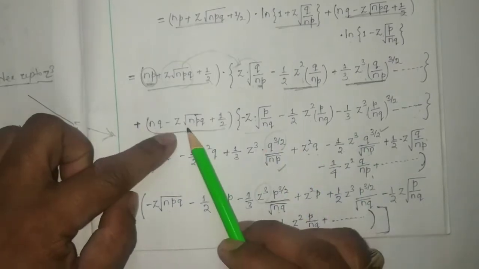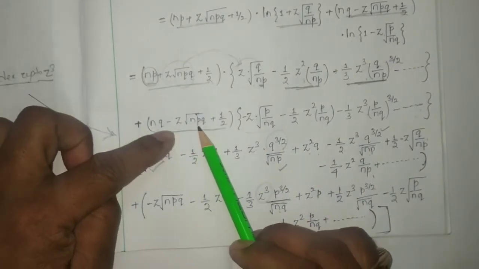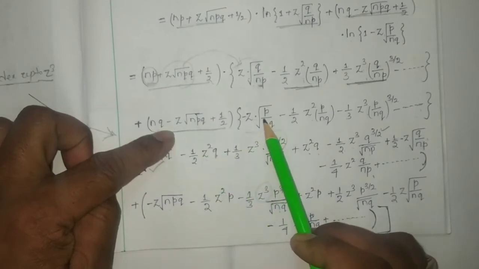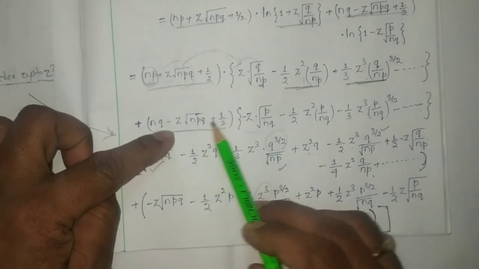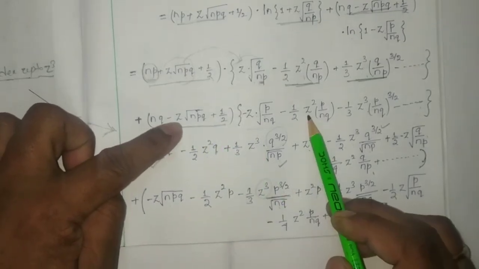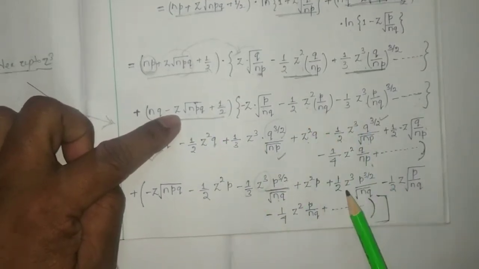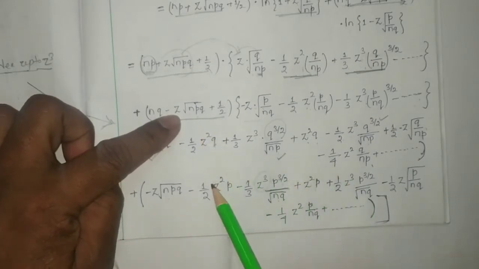Then we have to consider this term, minus z root over of npq multiplied with this one, will be plus z square. nq got cancelled, p by p. So root over of p will be p. Then this term with this one will be how much?